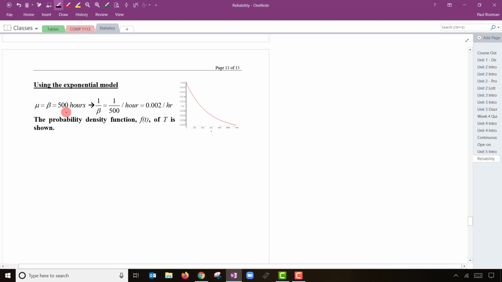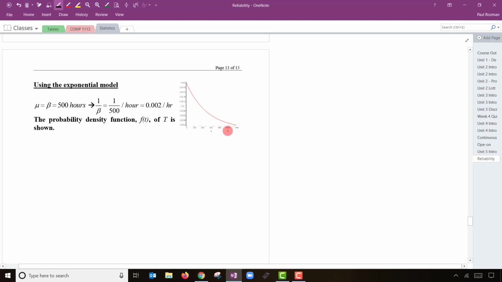And that's something that you could come up with experimentally, pretty easily. Keep track of your product for a while, see what the average life is, and say it turned out to be 500 hours. Now let's go with that. Let's call our parameter beta 500 hours. From that, we can find the failure rate. There's one failure per 500 hours, or 0.002 failures per hour.